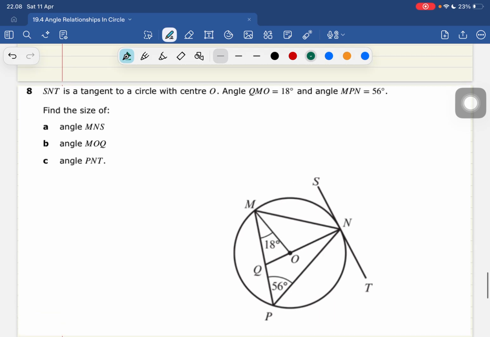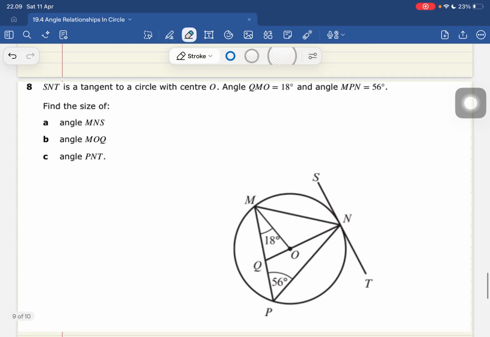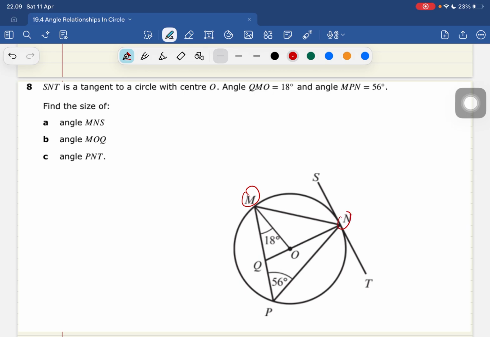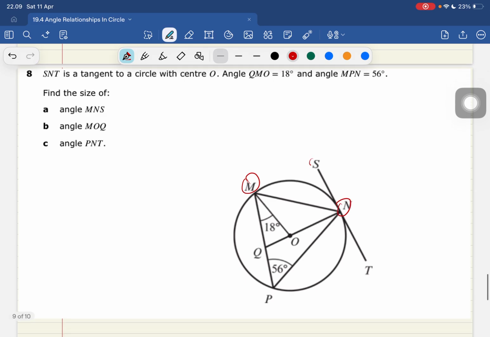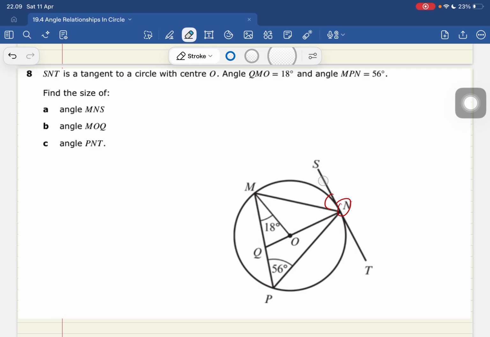Okay, number 8. Here's the information that we got. We need to find the angle of M, N, and S. So this angle M and S. Here is the tangent from N, so is this going to be 90 degrees?